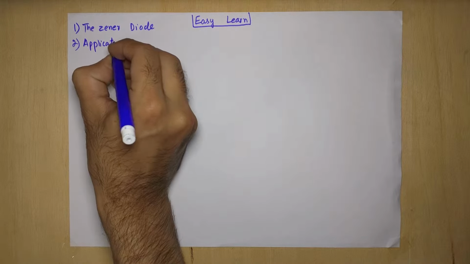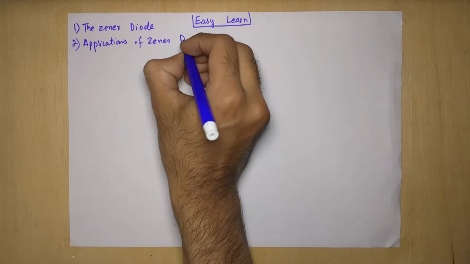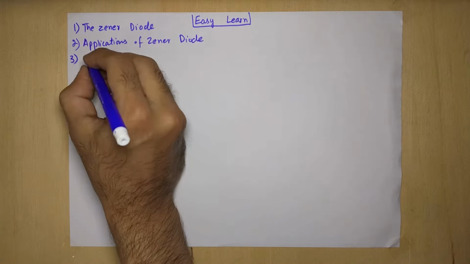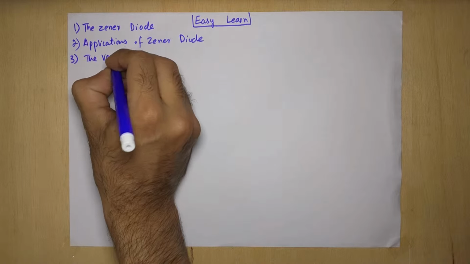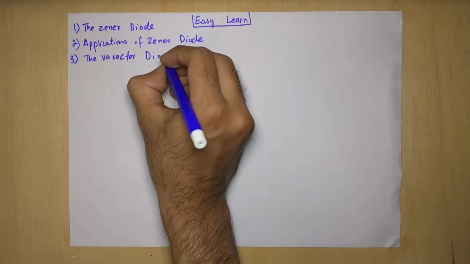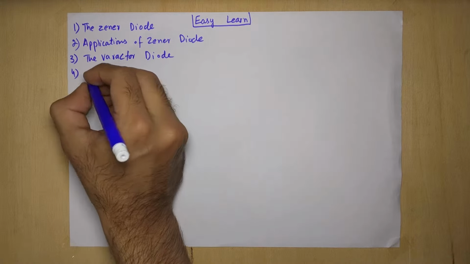Applications of Zener diode. Number 3, varistor diode, and number 4, optical diodes.